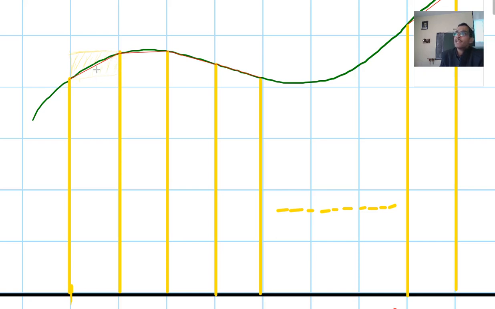So underestimation or overestimation is large in the case of the rectangular method, but it is significantly improved when we use the trapezoidal rule. See the difference, right? So now let us develop a formula for this.